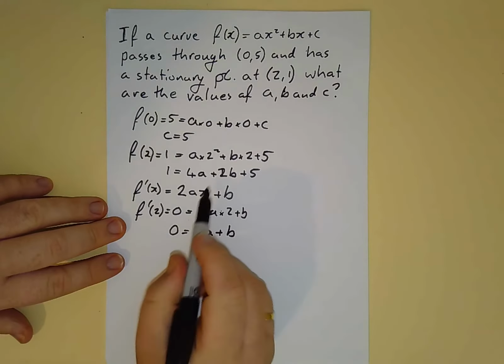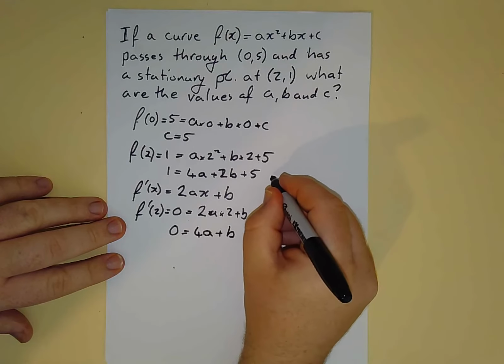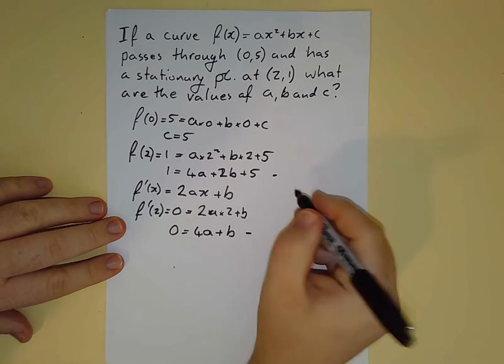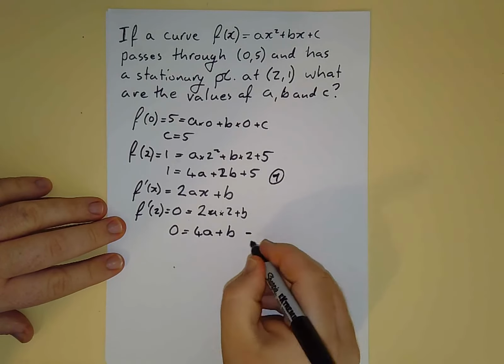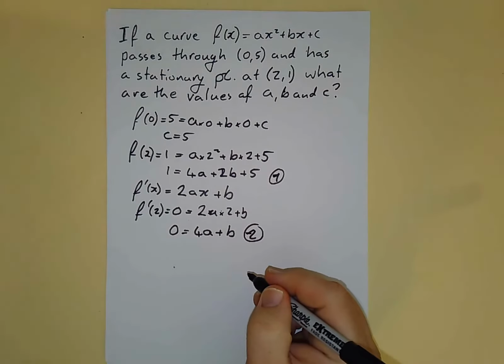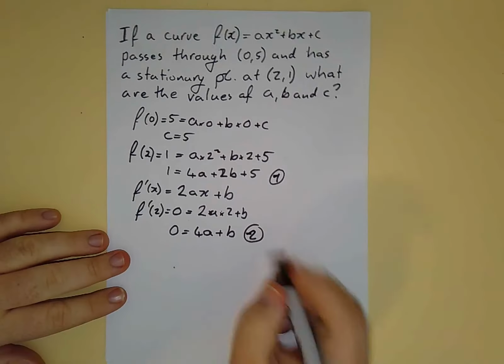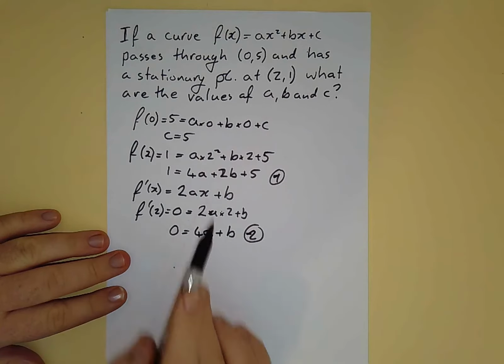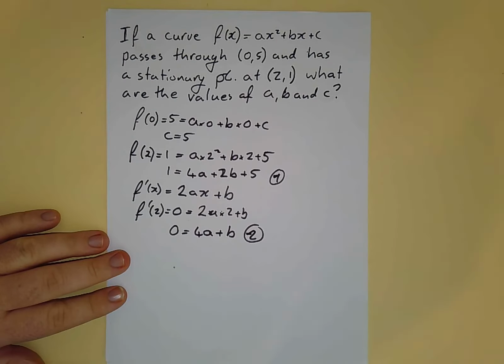Now, here we've got a simultaneous equation. We've got this equation here and this one here. I'll call it 1 and 2. And there's a number of ways of doing it. As it turns out here, very neatly we can see that we've got 4a and a 4a. So elimination is the easiest way.